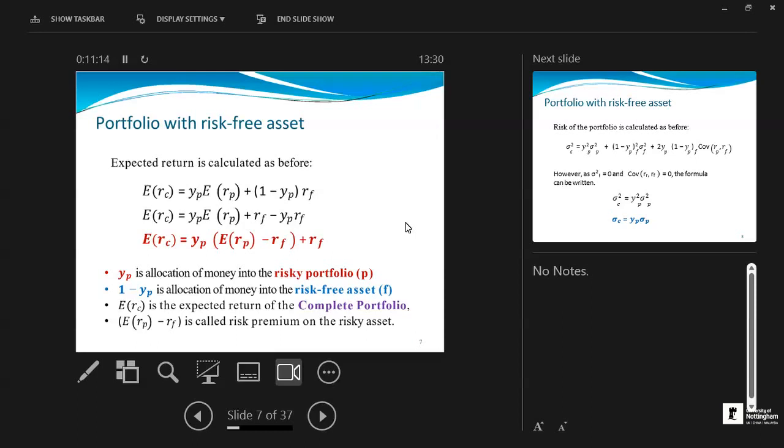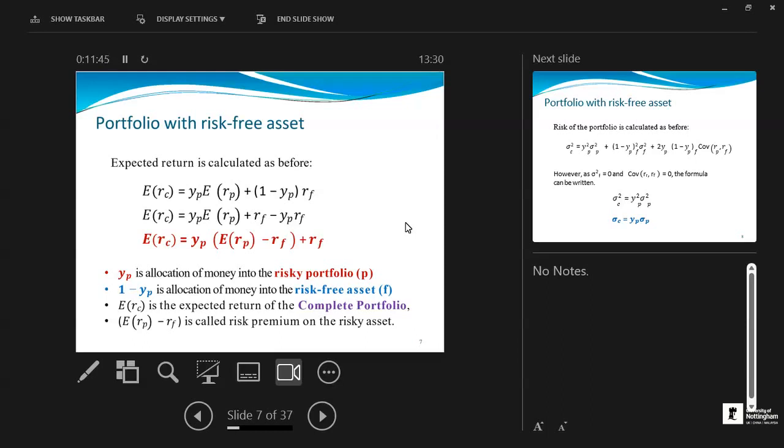Okay, so we can simplify this. If we solve this, we get to this equation where the expected return of this complete portfolio is equal to the weight in the risky portfolio times the excess return of the risky portfolio above the risk-free rate plus the risk-free rate. Does this red equation look familiar to you guys?